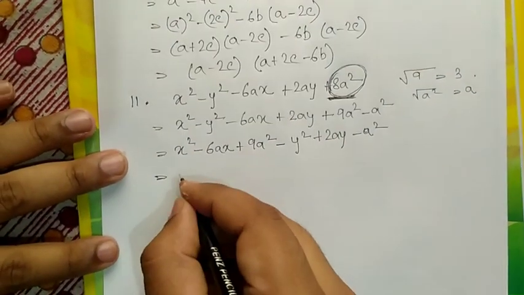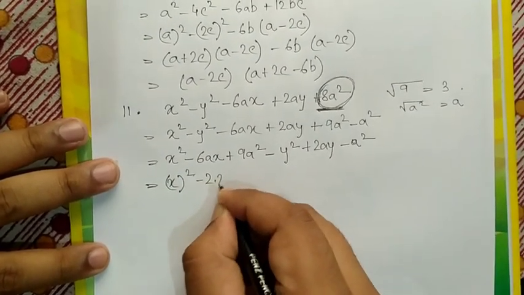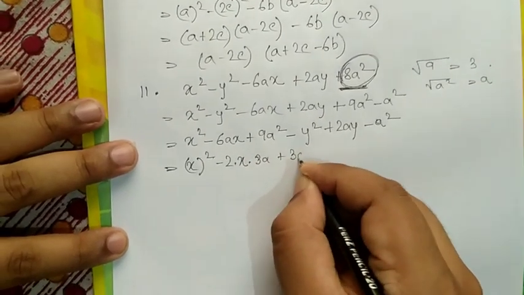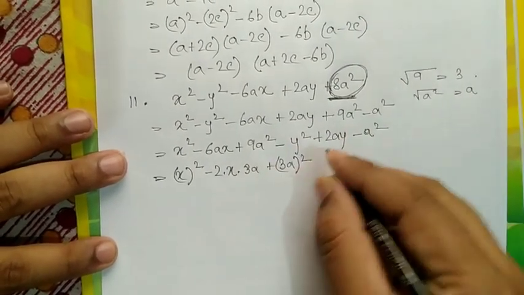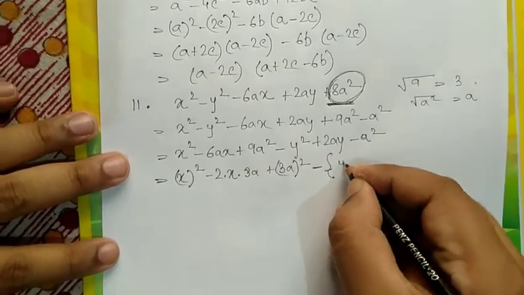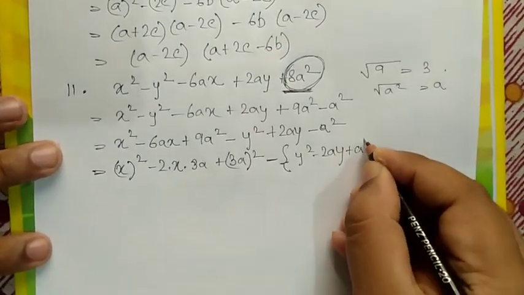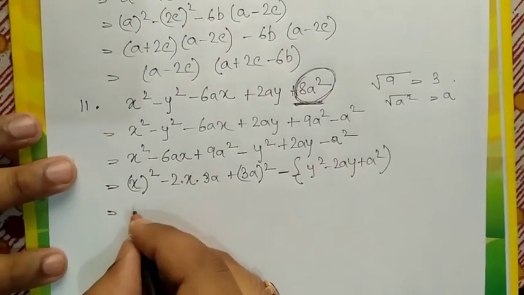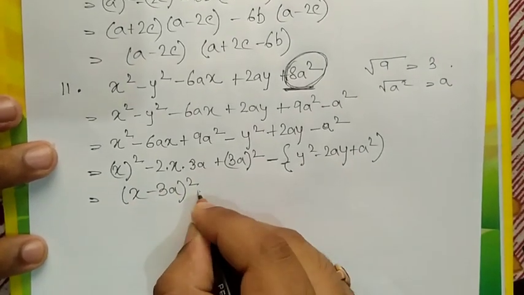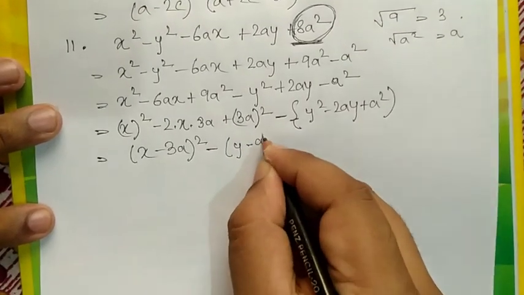After that x whole square minus 2 into x into 3a plus 3a whole square, taking common as minus from these three terms, it should be y square minus 2ay plus a square. After that this should be x minus 3a whole square and this should be y minus a whole square.